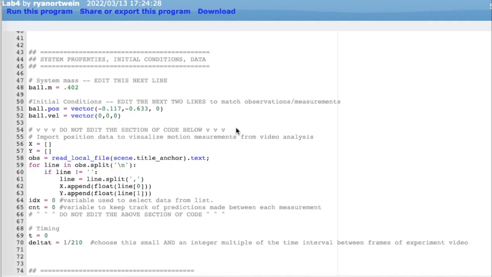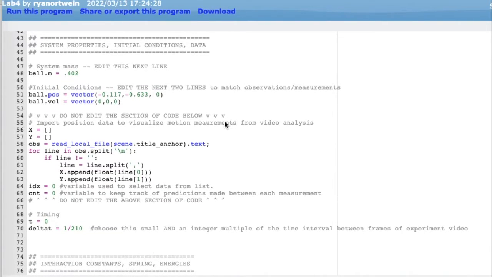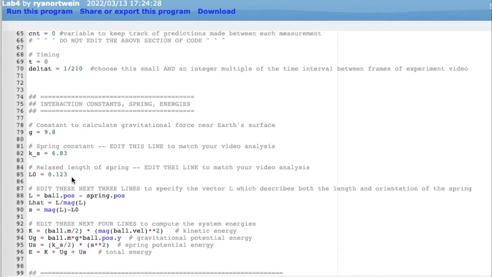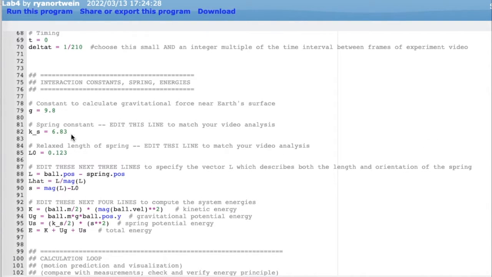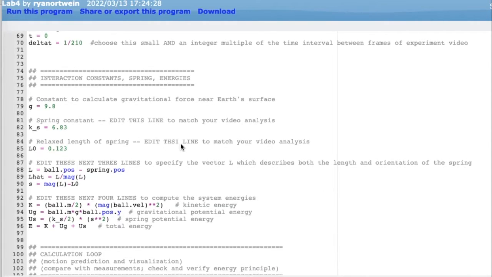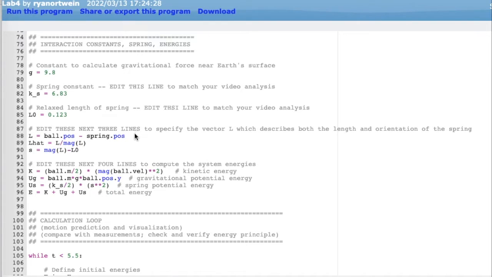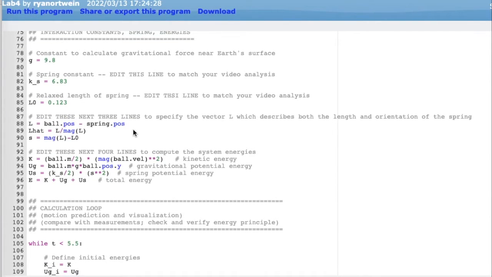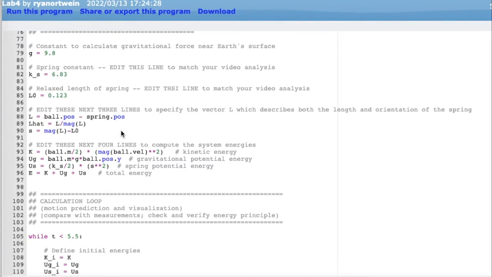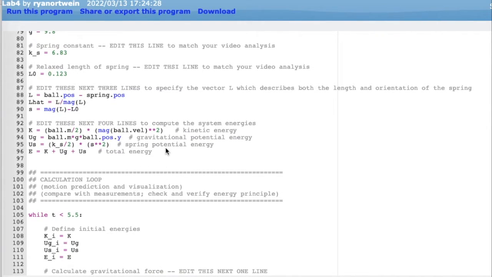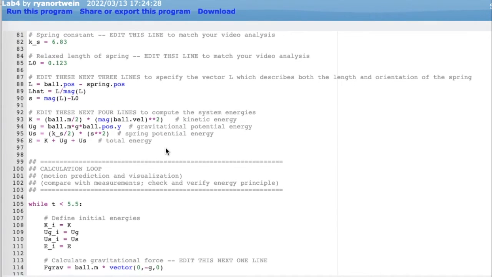In GlowScript, we record the mass of the ball as well as its initial position and velocity, the force of gravity, and the spring constant and relaxed length of the spring that we found earlier. Also using Hooke's law, we find the length of the spring at the current moment, the L hat vector, as well as the force of the spring. We use the energy principle and formulas to calculate the kinetic energy as well as the gravitational and spring potential energies, and then add them together to achieve the total energy of the system.